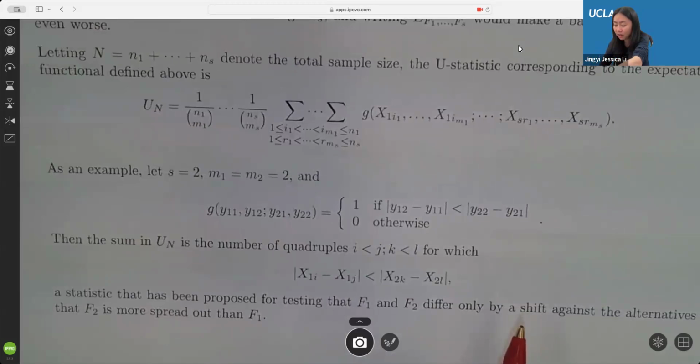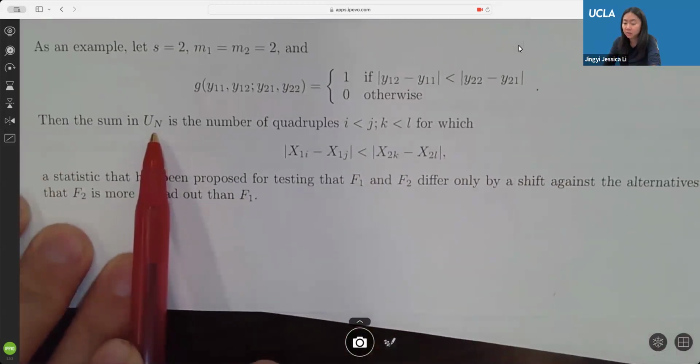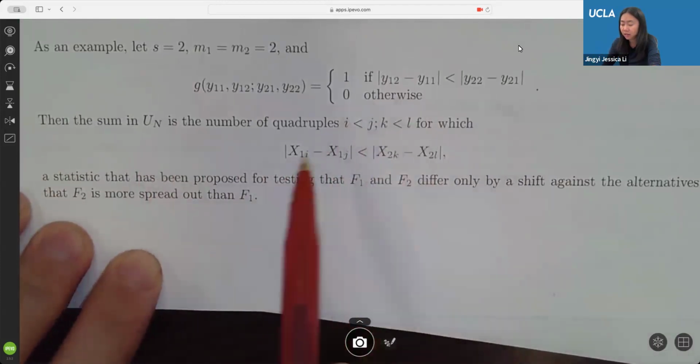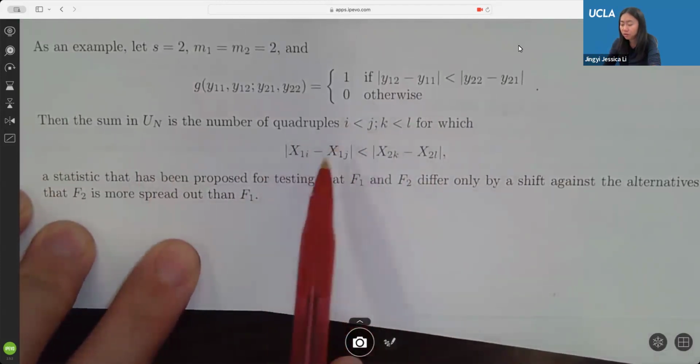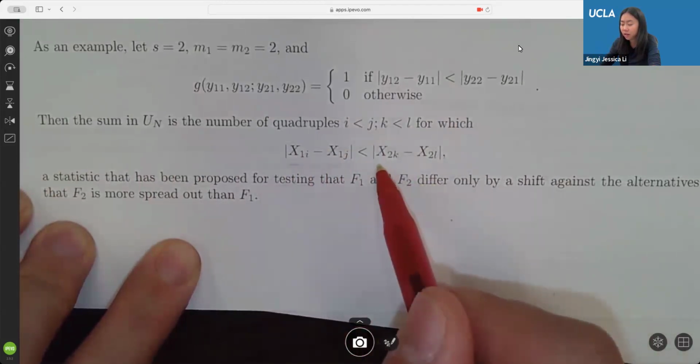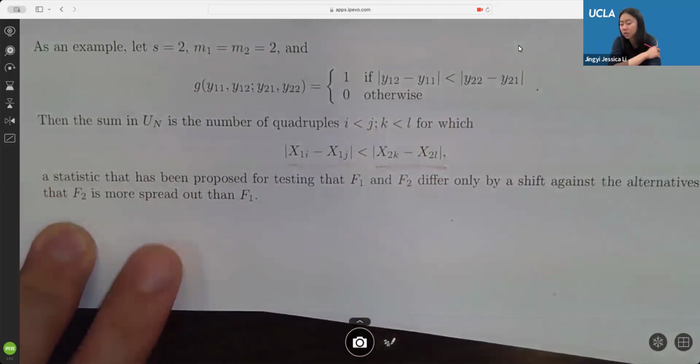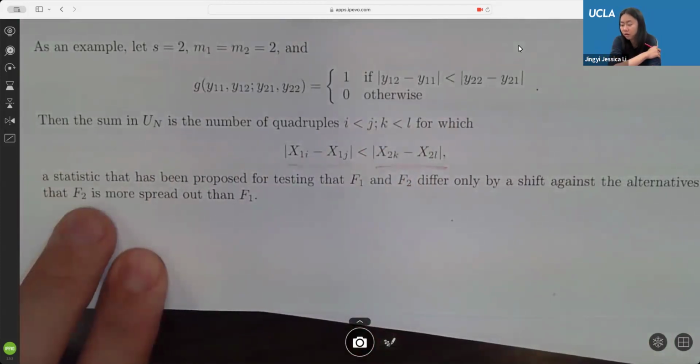When you calculate the U statistic, you are getting samples i and j from sample 1, k and l from sample 2, and you compare them, doing all sorts of cross comparisons.